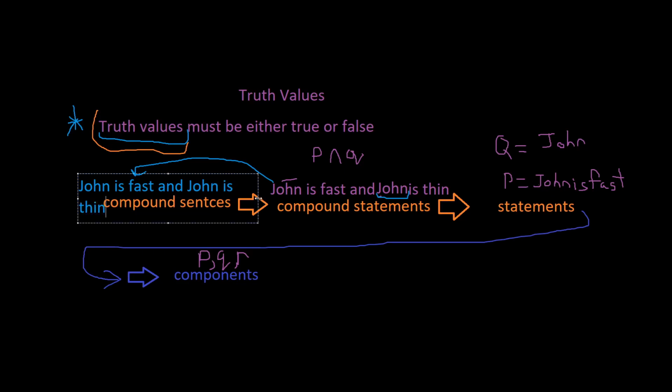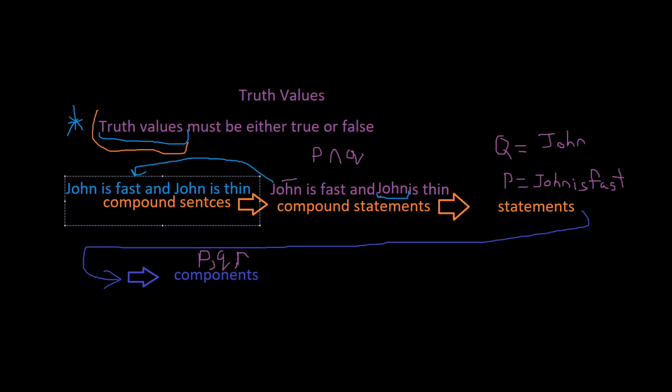And I hope this makes sense. And then I'll explain it to you going the way the arrows are pointing. So period, right? Because this is a sentence. So John is fast and John is thin. And so now I want to break it out to my compound statements. And so now I have to define my sentence in terms of P's and Q's. So first, we're given a sentence, right? And then we want to make our sentence into a statement.